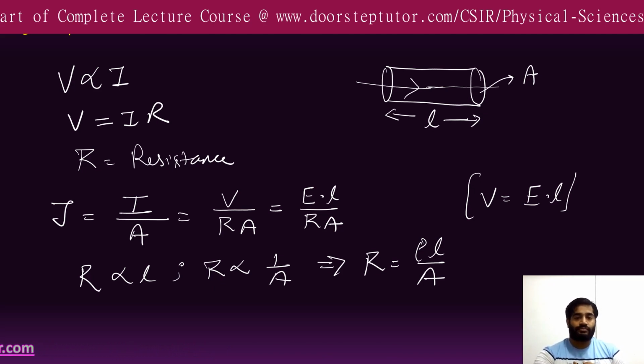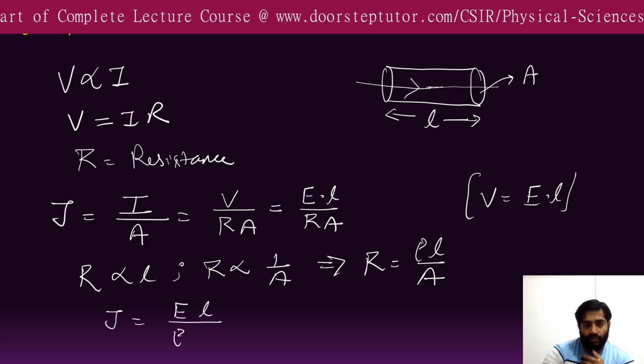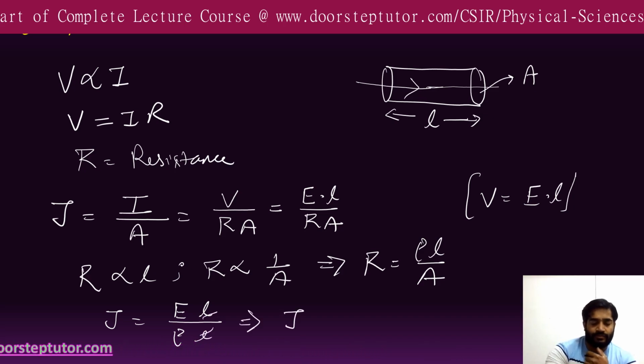Now we know all things, so just put the value in J. So J becomes E L over rho A, and what is rho A? Rho L. So that L gets cancelled out, and from here J is equal to E by rho, and 1 over rho is sigma.